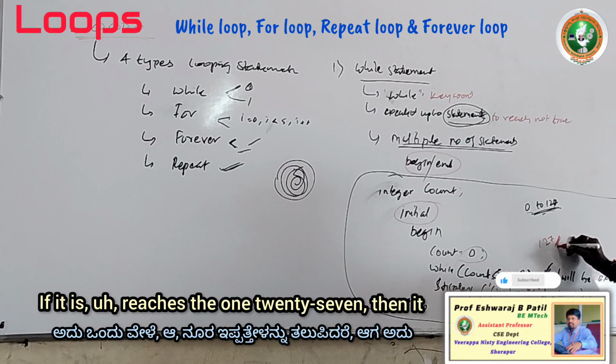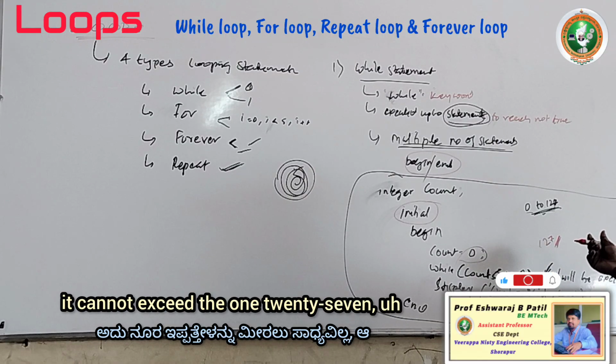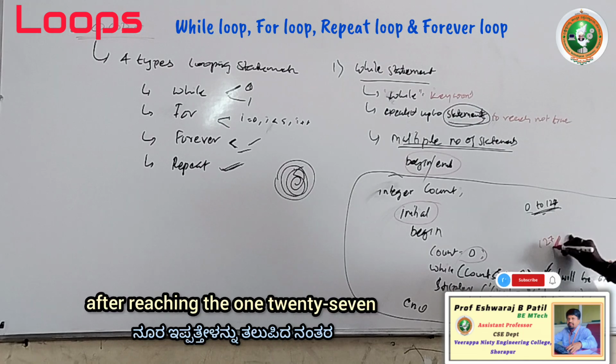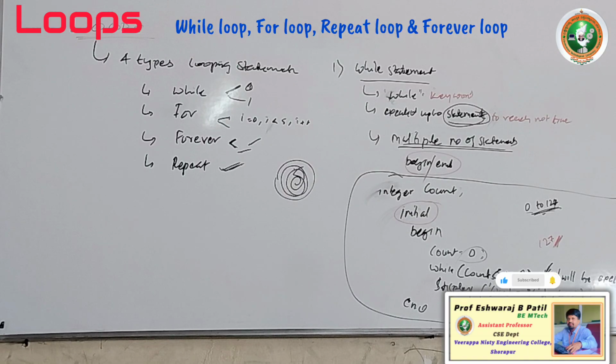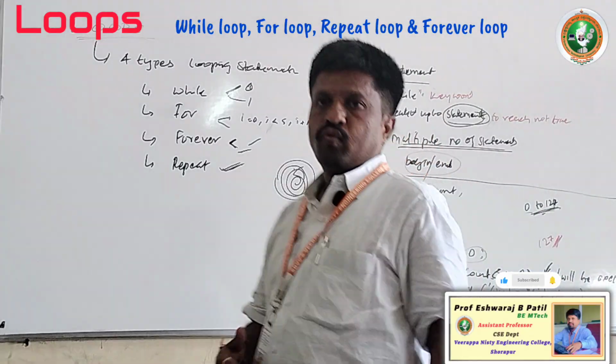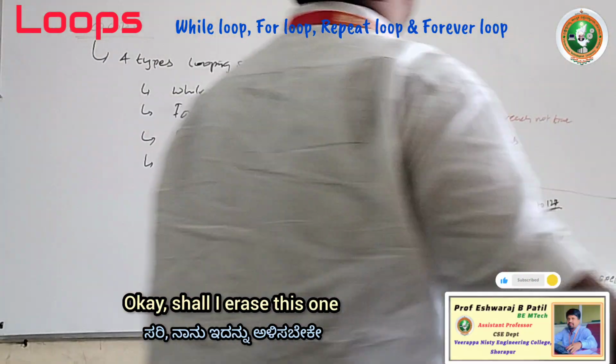If it reaches 127, then it cannot exceed 127 to 128, so after reaching 127 it has to exit from this while loop. Okay, shall I erase this one?